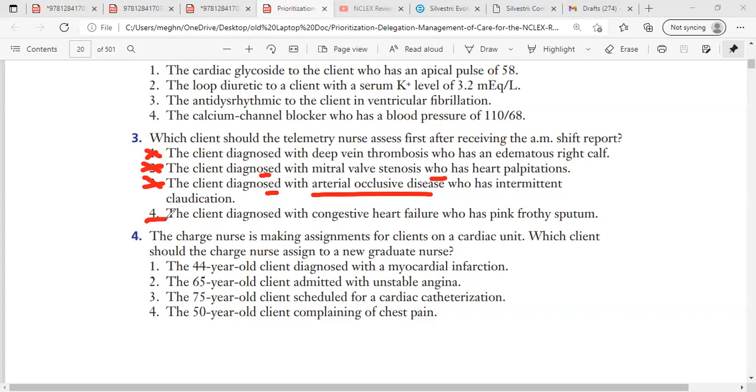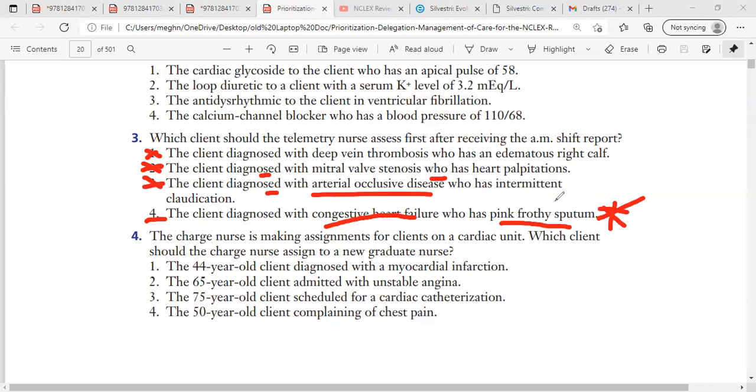Number 4 is remaining. The client diagnosed with congestive heart failure, who has pink sputum. This is the priority. You need to evaluate, then notify the healthcare provider.